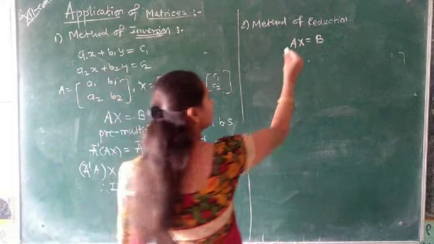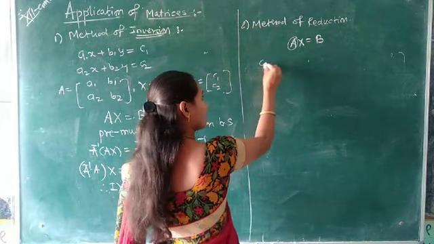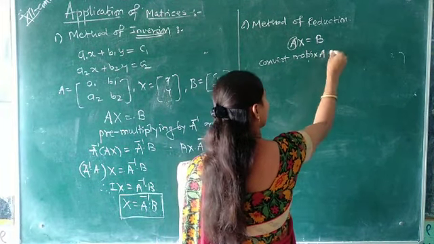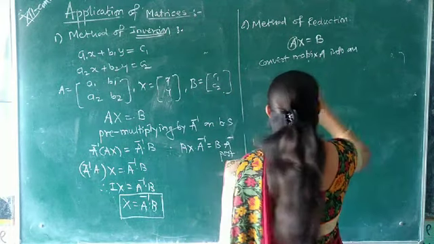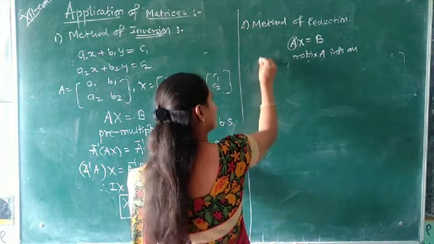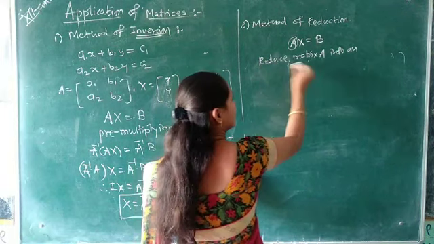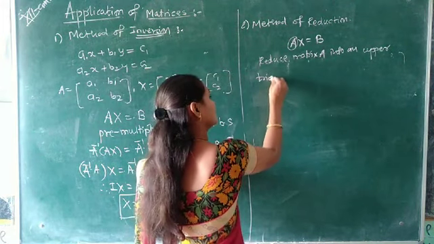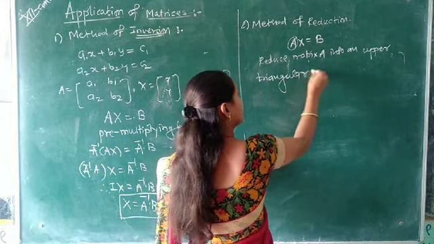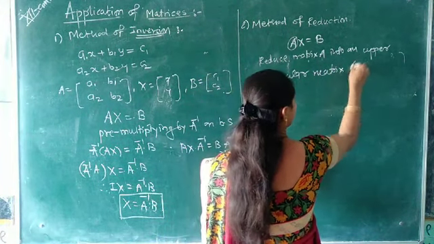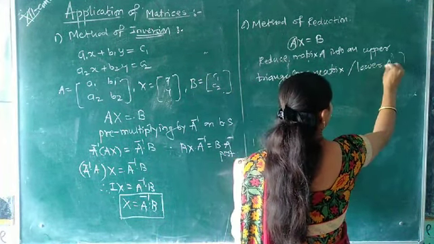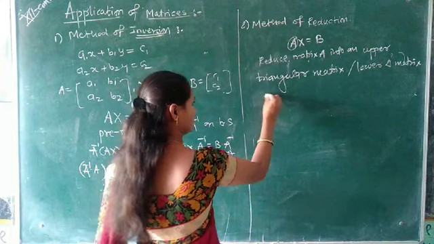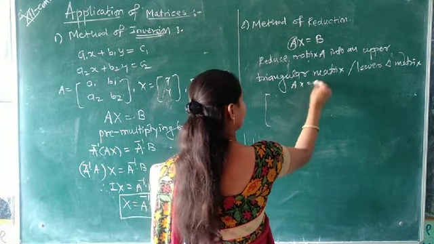First, here we have to convert the matrix A. Reduce matrix A into an upper triangular matrix or lower triangular matrix. Suppose for example this AX is equal to B.